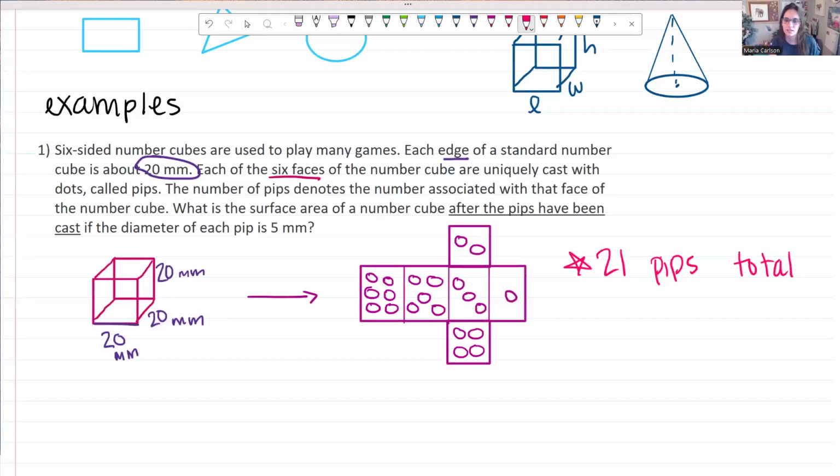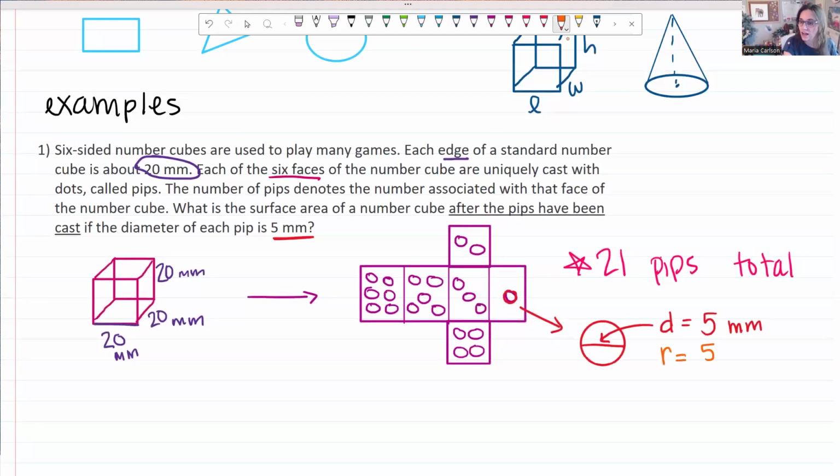And that's super important. And each pip has a diameter of 5 millimeters. So let's note over here, 1 pip is a circle that has a diameter of 5. So if our diameter is 5 millimeters, our radius has to be half of it. The radius is 5 divided by 2, or 2.5 millimeters.